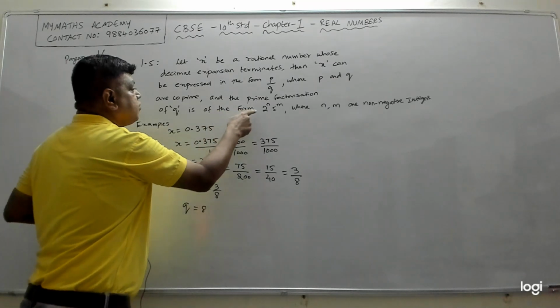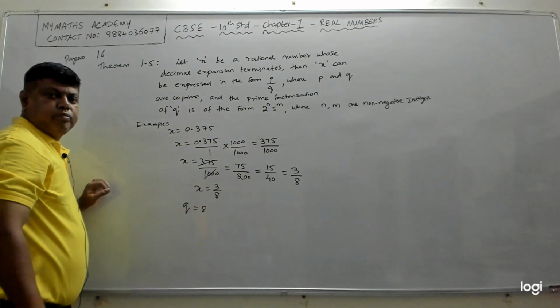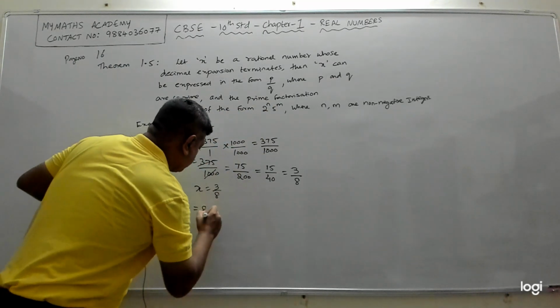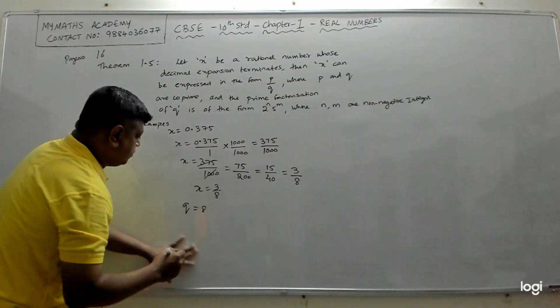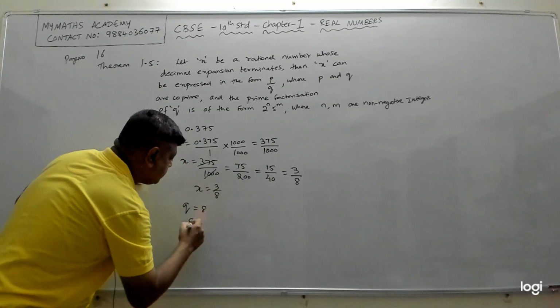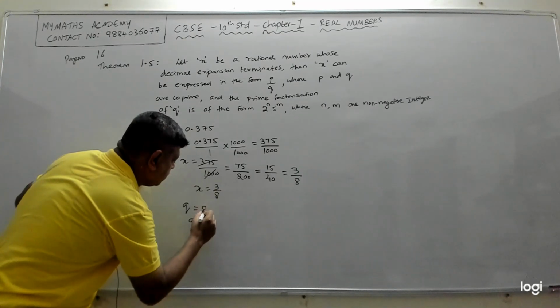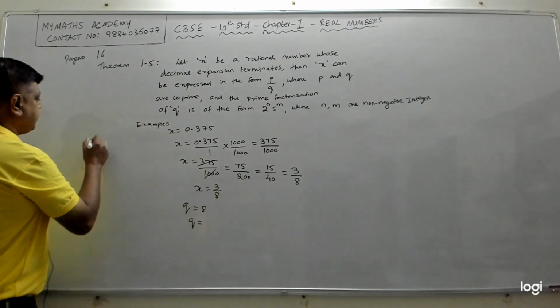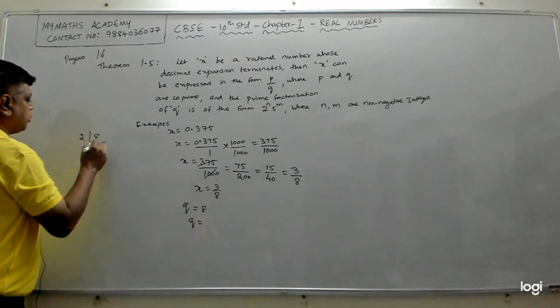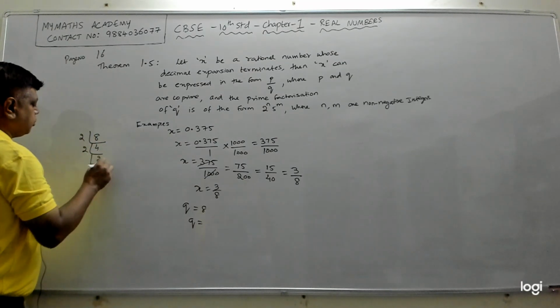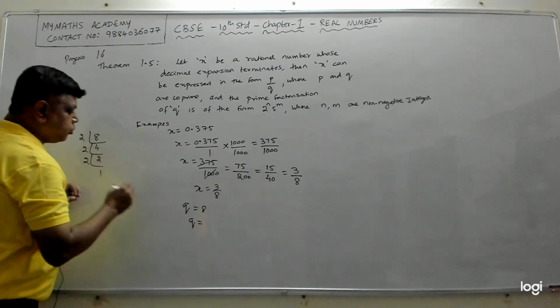Then q will be in the form of 2 power n into 5 power m. How will you write 8? We do the prime factorization of 8: 2, 4, 2, 2, 2, 1, which means 2 into 2 into 2, that is 2 cube.